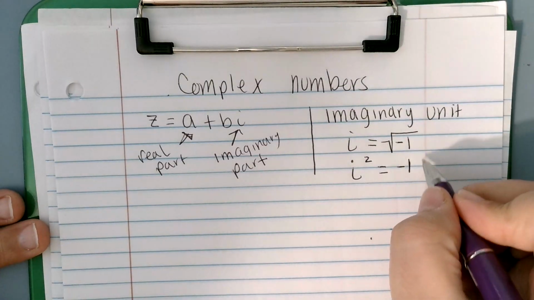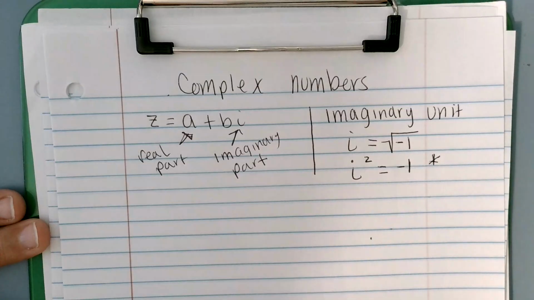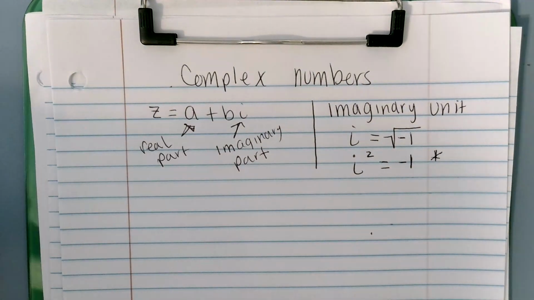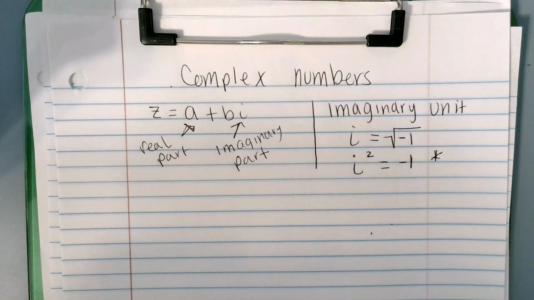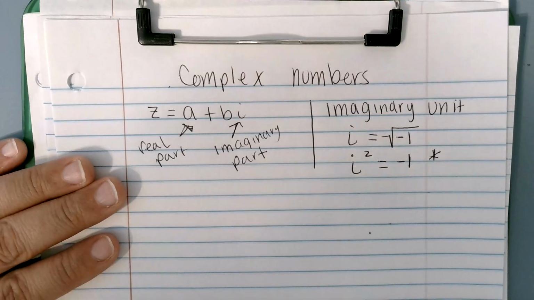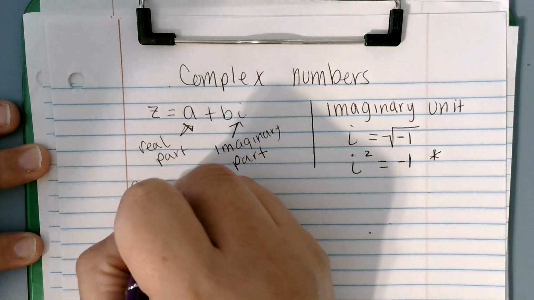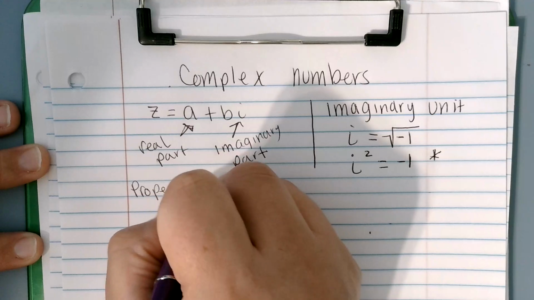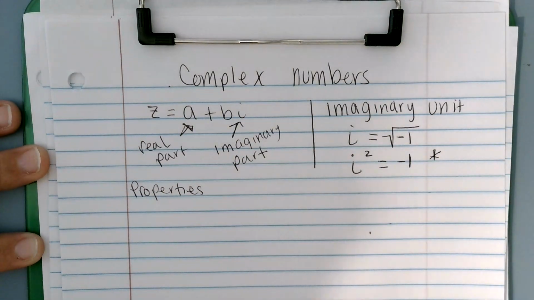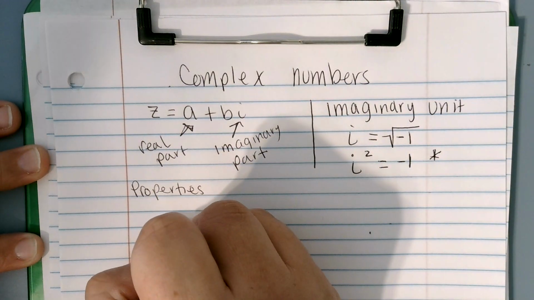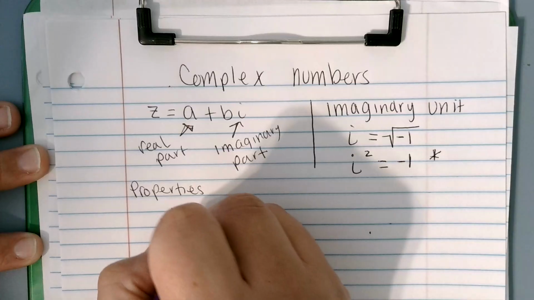We will use this fact a lot when we're multiplying and simplifying so that we can rewrite our imaginary numbers as accurately as possible. So first, we're going to look at some properties that deal with those imaginary units so you can recall how to work with them.